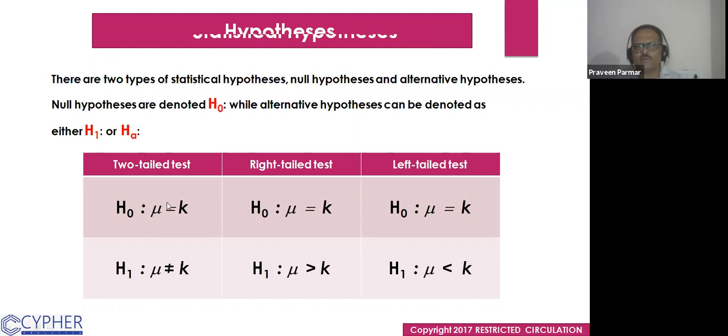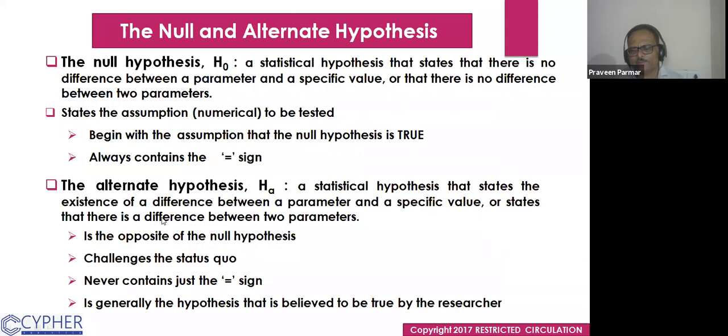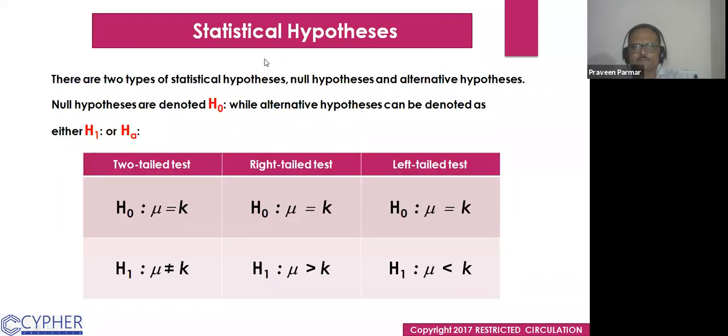So here in the two-tailed test, this is my population mean, and this is my sample mean.